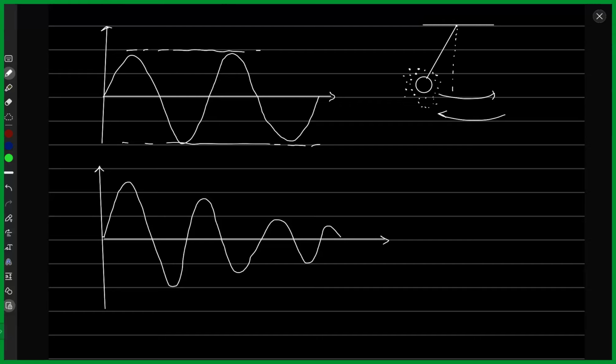And what that means for the amplitude is that it would decrease the amplitude of our vibrations. So we can see that the amplitude here is higher compared to the amplitude here, and then that's higher compared to here, and then that's higher compared to here. But as we move further and further, the amplitude keeps on decreasing, and eventually it will decrease to 0.